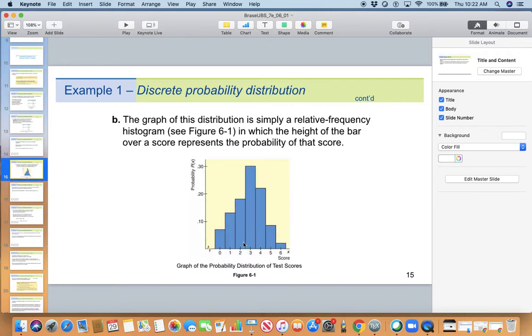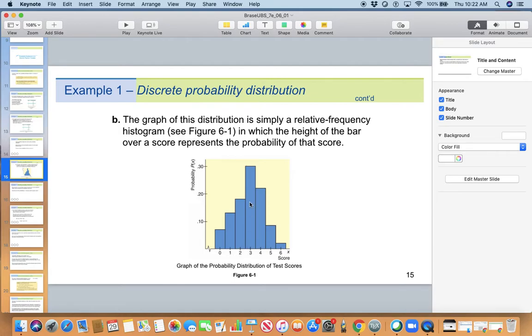Look, the width here is 1. So, for each rectangle, the width by definition is 1. All right, the height is the probability. For example, for 3, height is 0.3. Okay, probability is 0.3.